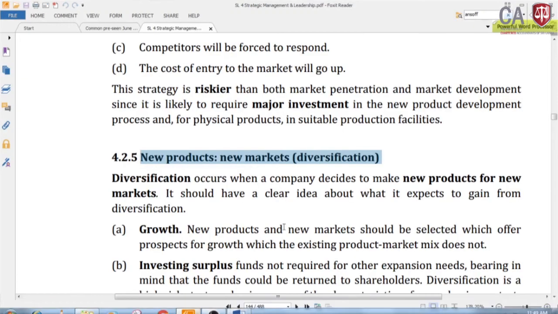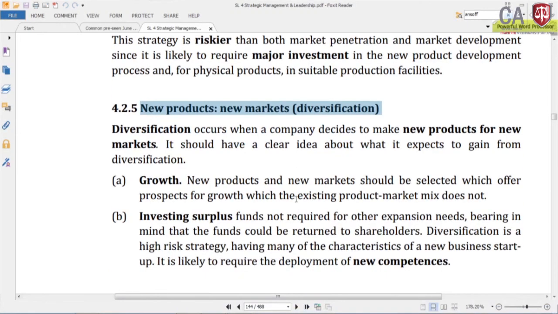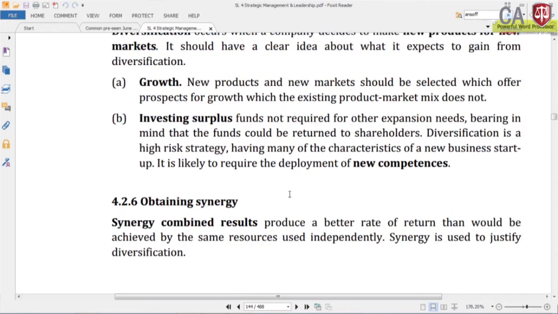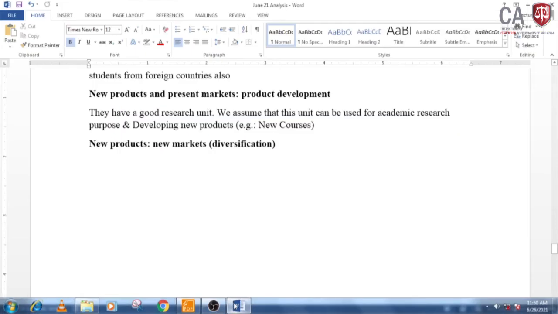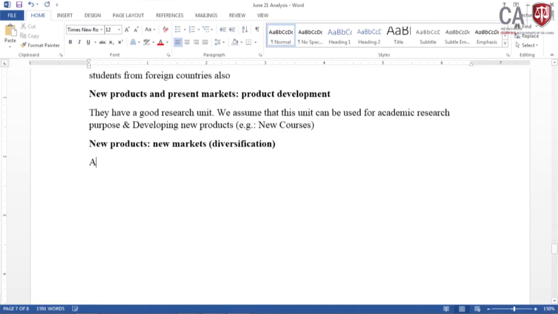So, according to the information given, they have not yet started any related business or unrelated business, right? As per the information given, they have not invested in any other industry.